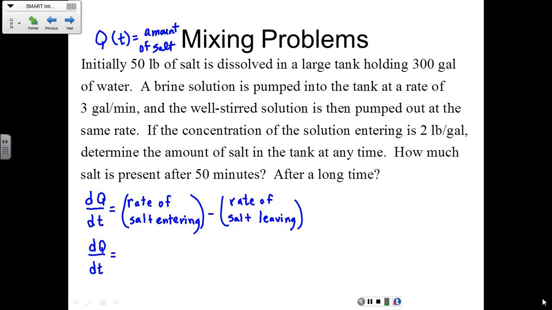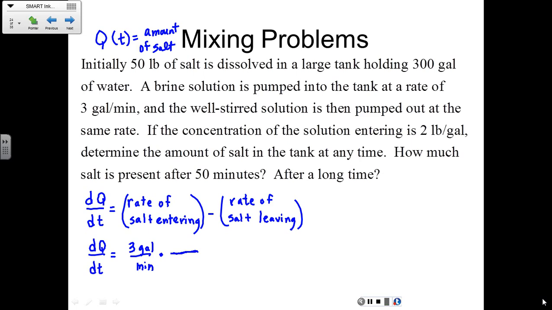The rate of salt entering, okay? It says a brine solution is pumped into the tank at a rate of 3 gallons per minute. So let's put that first. 3 gallons per minute. What's the concentration of that? How many pounds of salt per gallon? The concentration of the solution entering is 2 pounds per gallon.